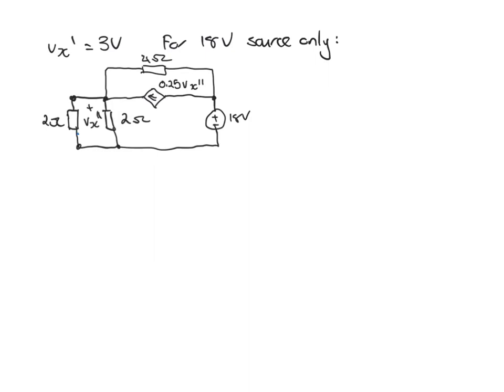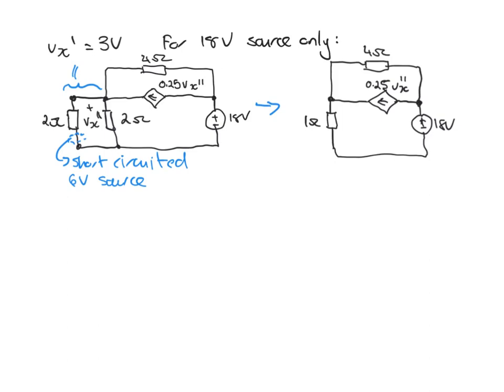So over here, we've short-circuited the 6-volt source, which means that the two 2-ohm resistors are in parallel. So we can redraw the circuit like this.